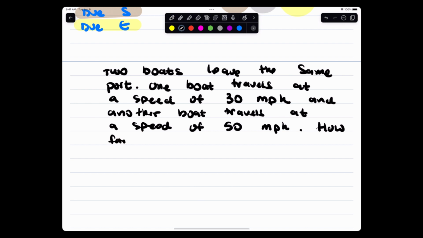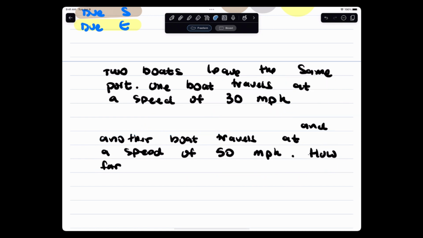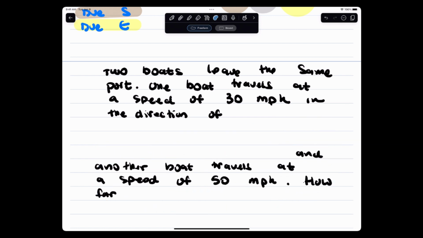How far apart? Oops, made a mistake. Let me do this. Speed 30 miles per hour. We've got to give you more information. In the direction of 45 degrees east.